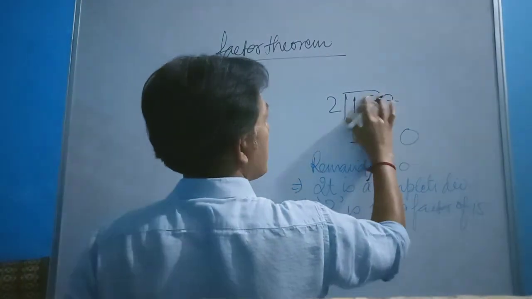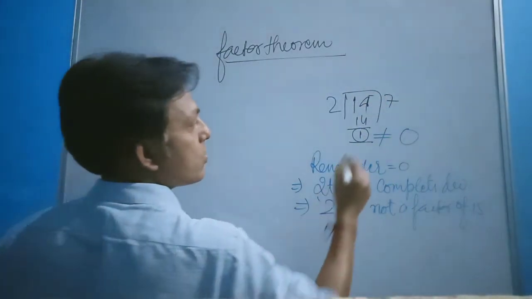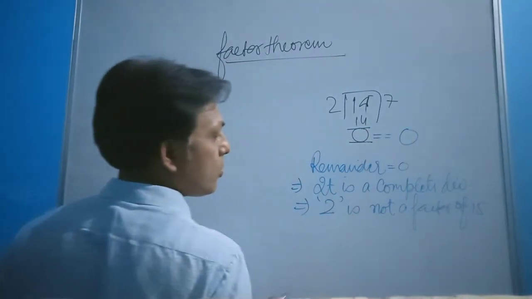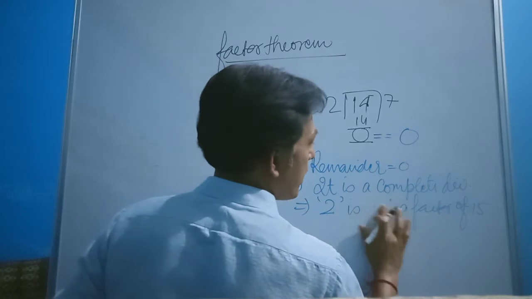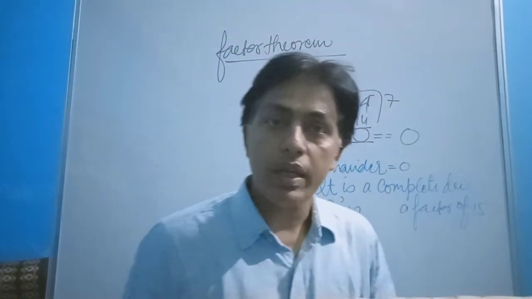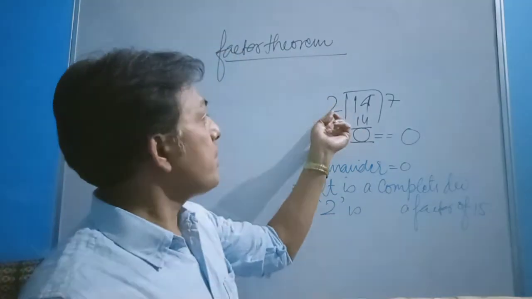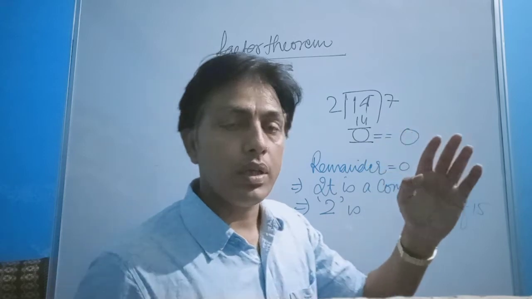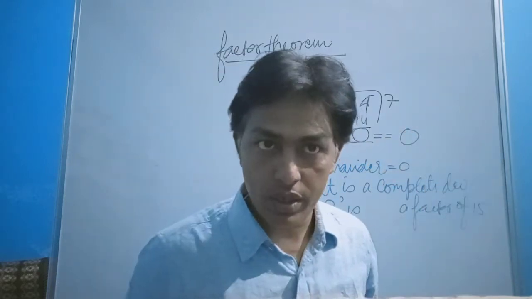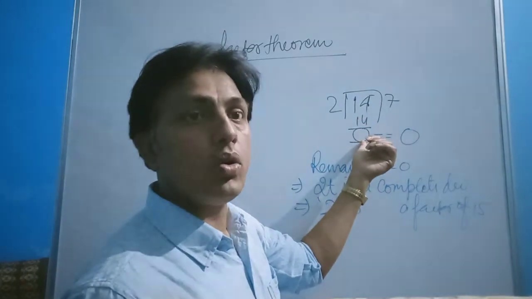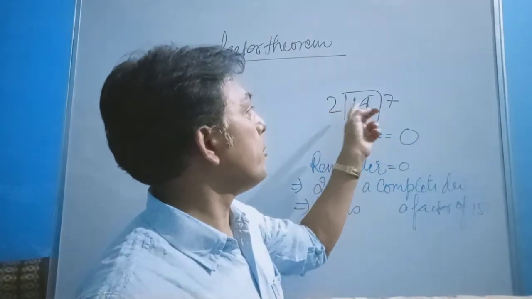Suppose it is 14, so the remainder will be 0. So 2 will be a factor. A number being a factor of a number, this we have to check. How to check? When the remainder is 0, it will be the factor.